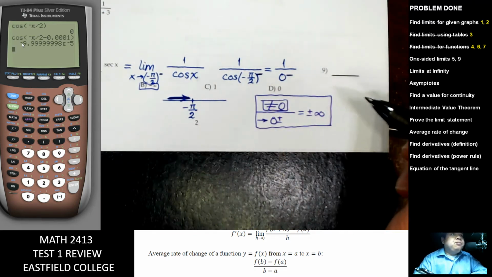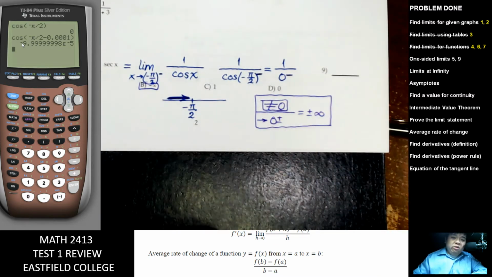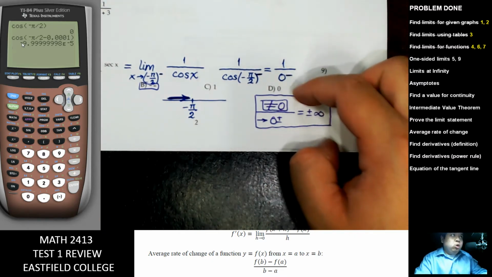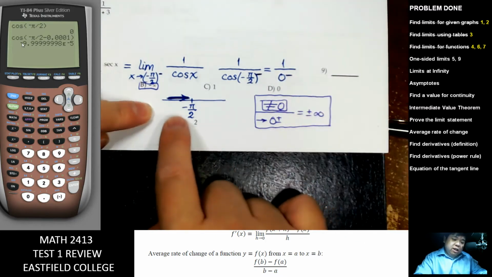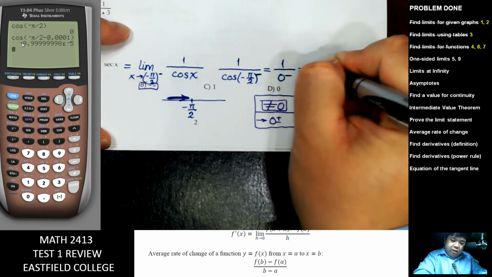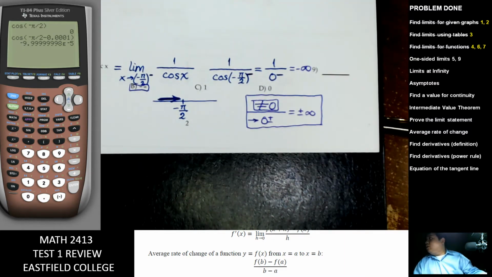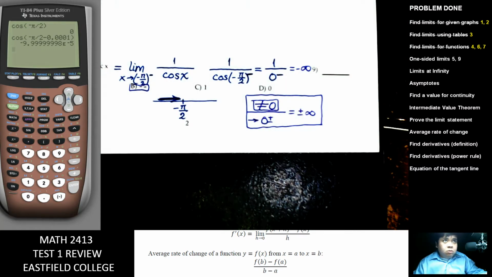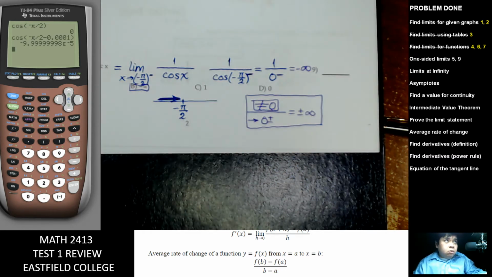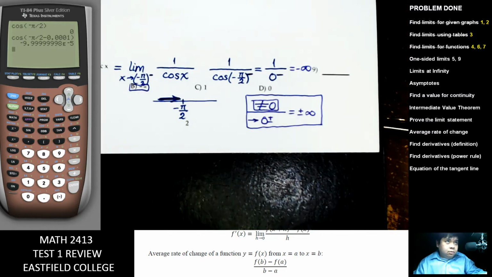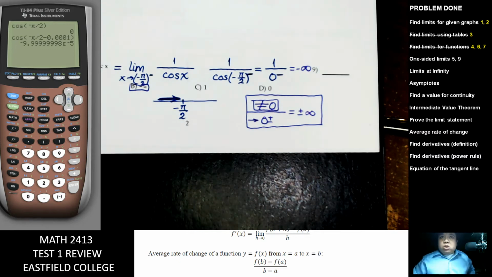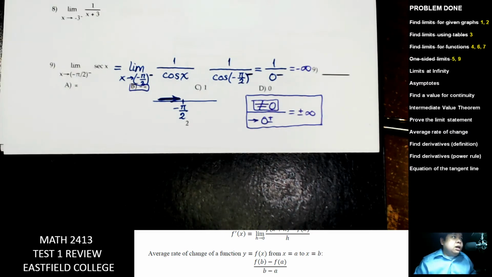Like in this case, positive divided by negative is negative, so we have negative infinity. Right, so that was 9.